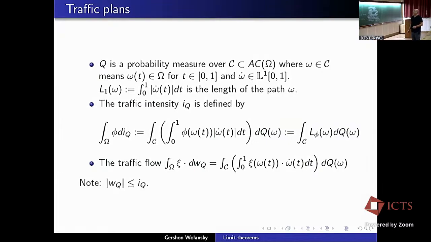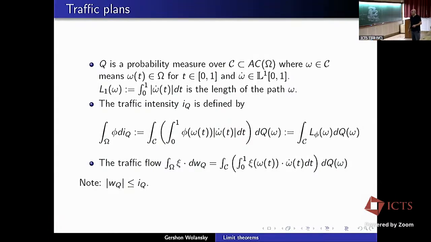We can also define a traffic flow, which is a vector valued measure W associated with this Q. It's defined like this: we take a test vector field, and in order to define W_Q, we test it against smooth or continuous vector fields, with a very similar definition. But now instead of taking phi times the absolute velocity of W, we take the inner product of the vector field zeta with the velocity.